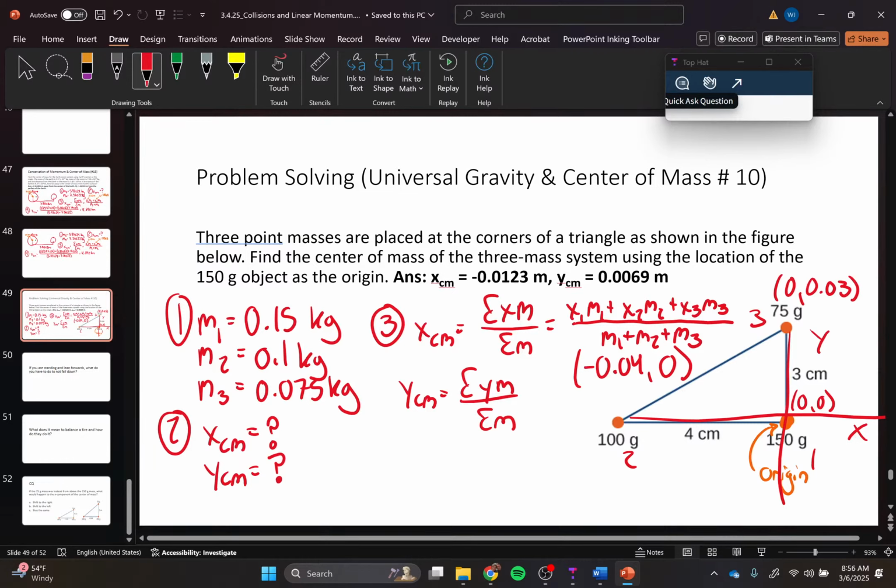Your setup is good. Go ahead and plug 0.225 divided by 0.325 in the calculator. Go ahead and multiply 3 times 0.07. Your setup is good, something went wrong.